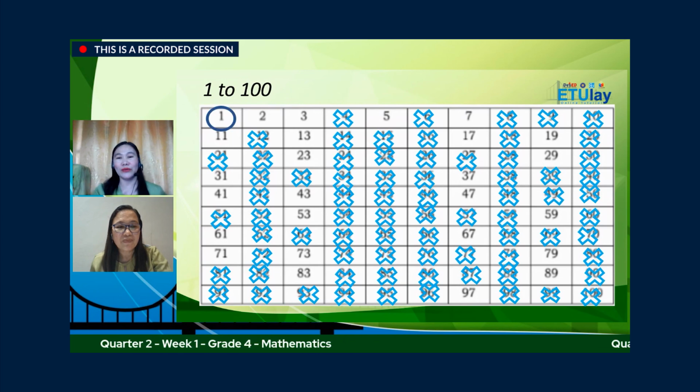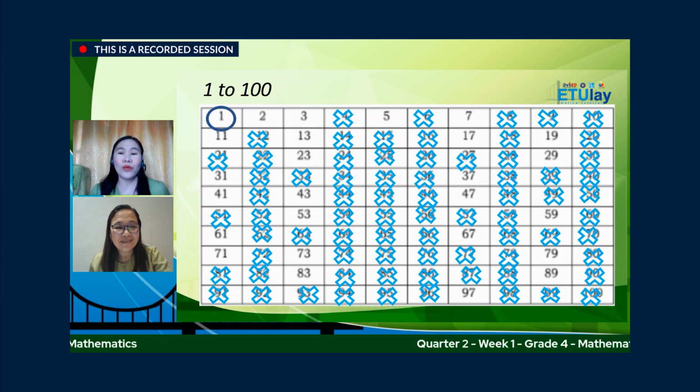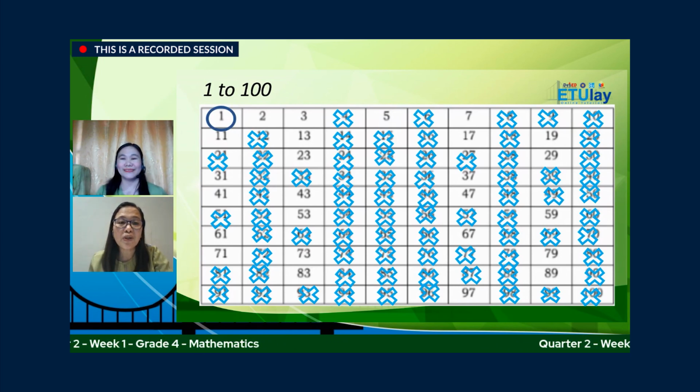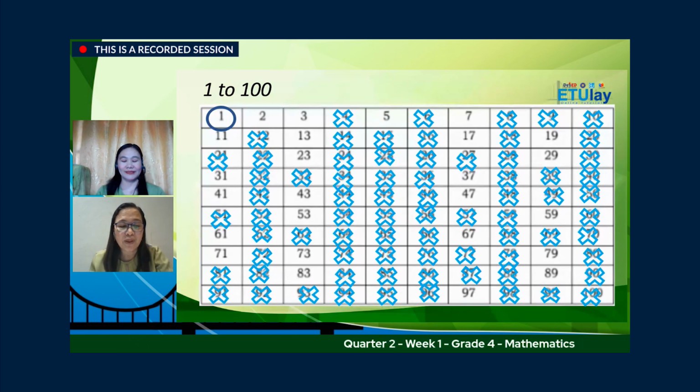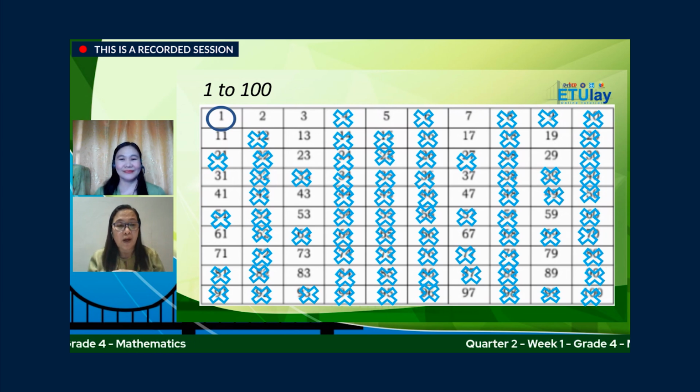Okay, di ba, Tutor Wella? So, ganun lang kadali. Nakikita natin dito yung 1 to 100 na ipakita na natin yung prime and composite. Yes, Tutor Wella, any additional? Okay, Tutor Joby. So, in 1 to 100, meron lang tayong 25 prime numbers and the rest are composite numbers.